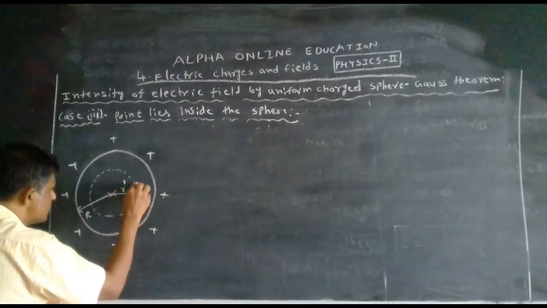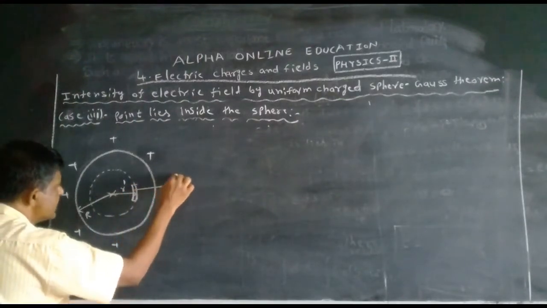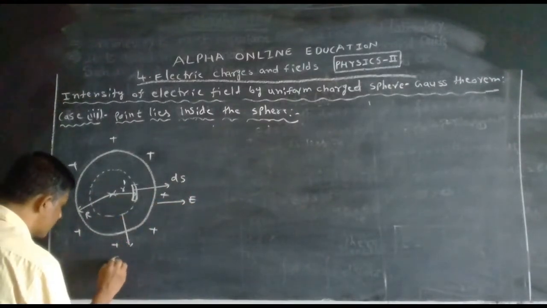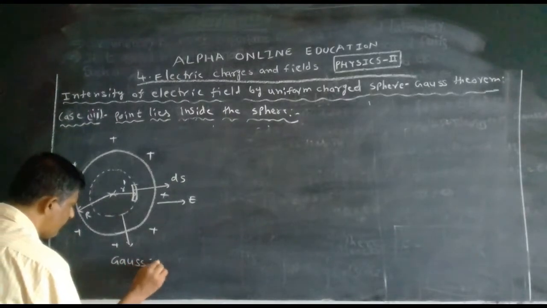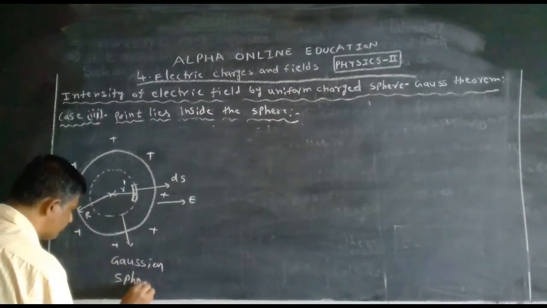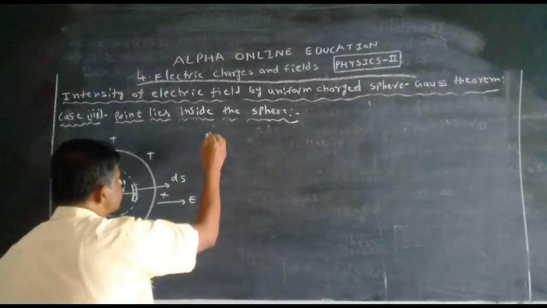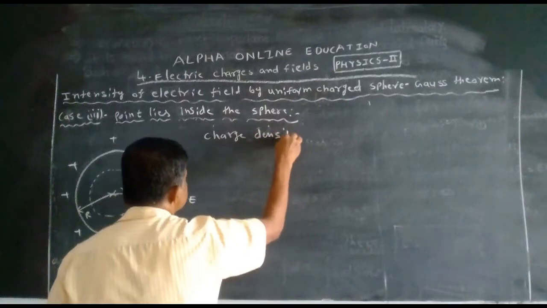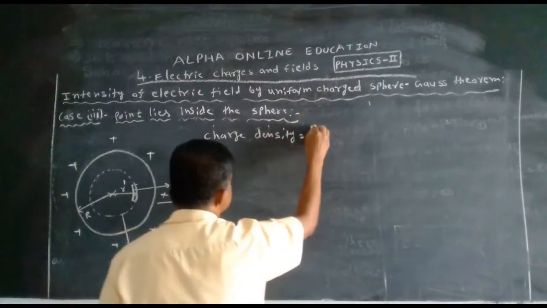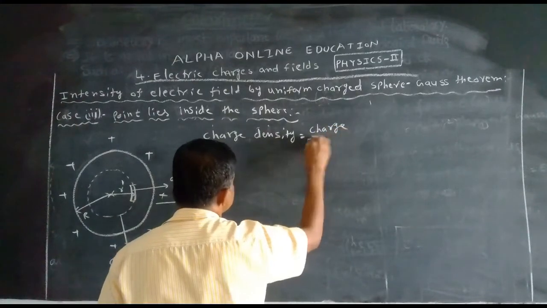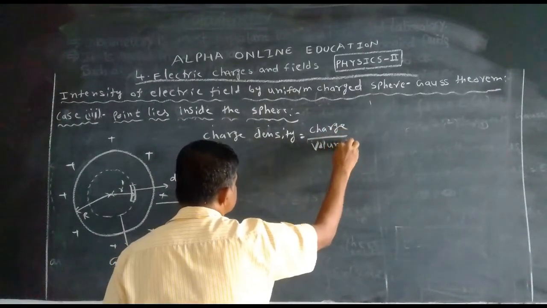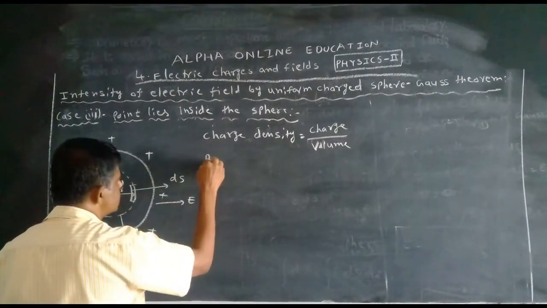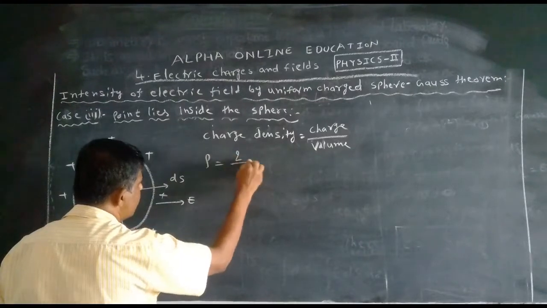This is the small area ds, E. Next, charge density is charge per volume, Q by V.